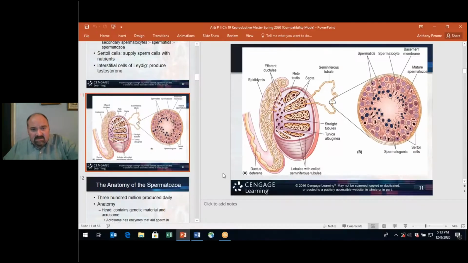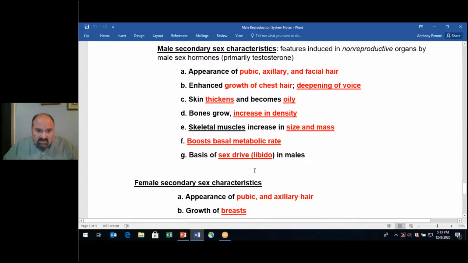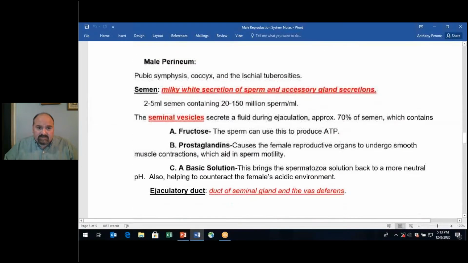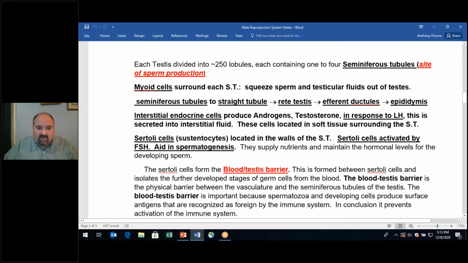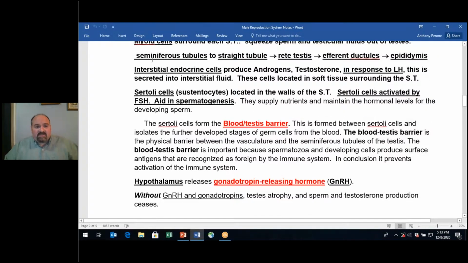So let's go back for a moment. See here at the top, seminiferous tubules to the straight tubule, to the rete testis, efferent ductules to the epididymis. I don't know that they're showing you that straight tubule.